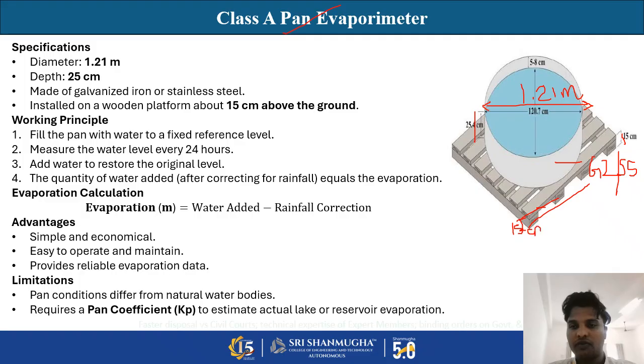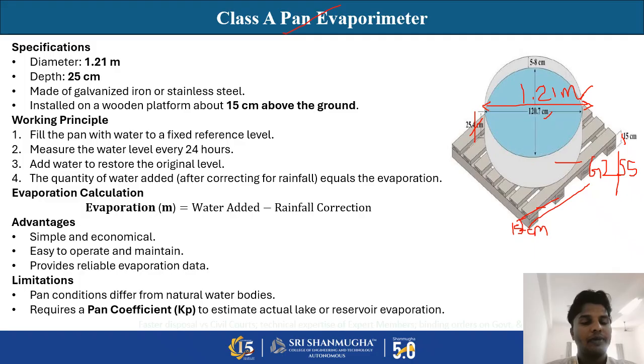The depth of the galvanized iron or steel pan should be 25 centimeter. Then the diameter should be 1.21 meter or 120.7 centimeter, so it is given in centimeter unit and also in meter unit.